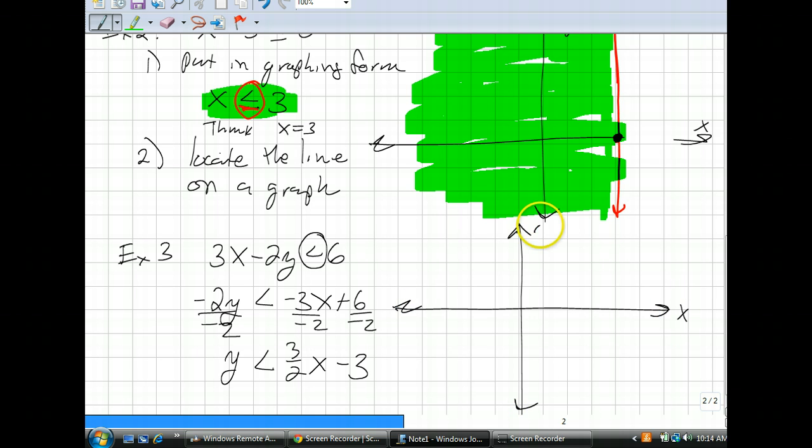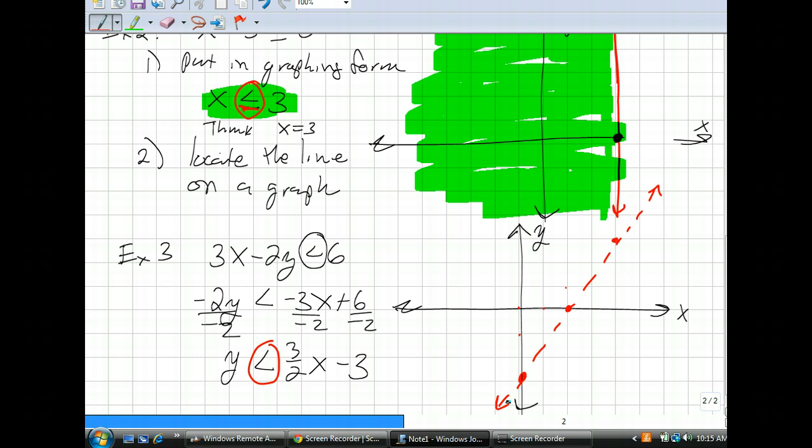So here's my x-axis, here's my y-axis. I go down to negative 3, and then I go up 3 over 2. Now, because there's no equal involved, I have to make a dashed or dotted line that indicates that the points on the line are not included.